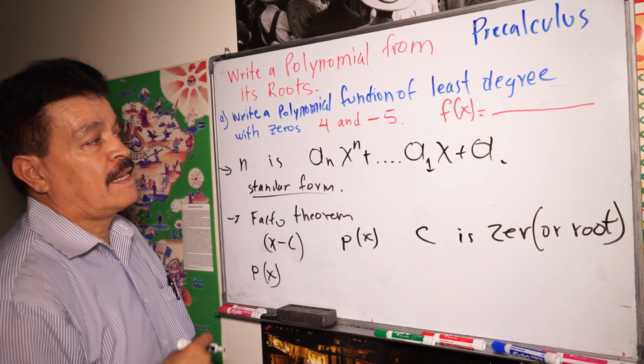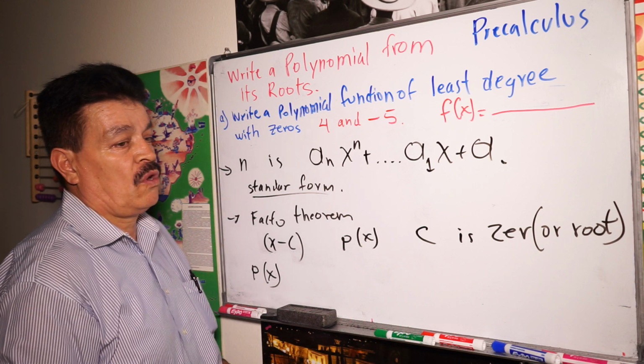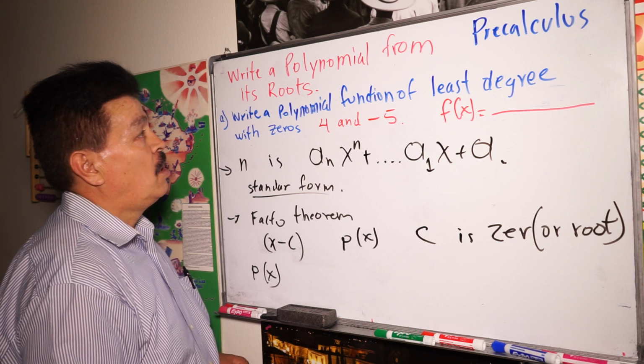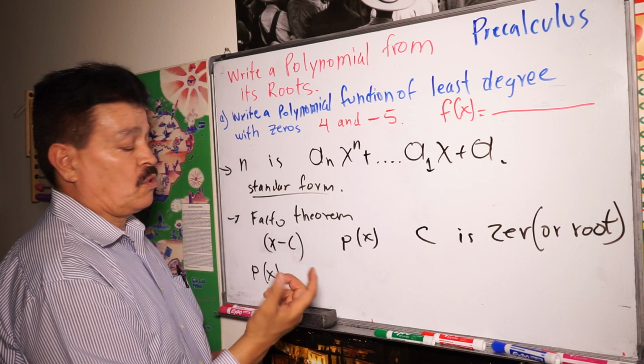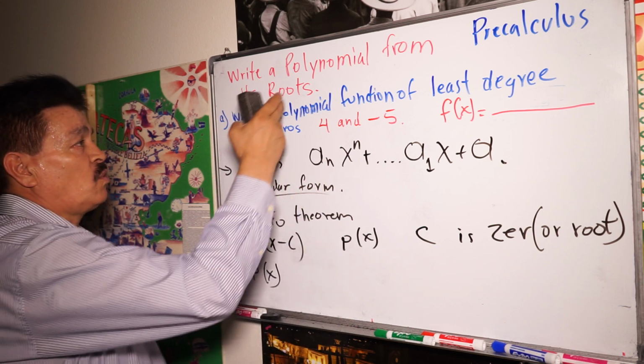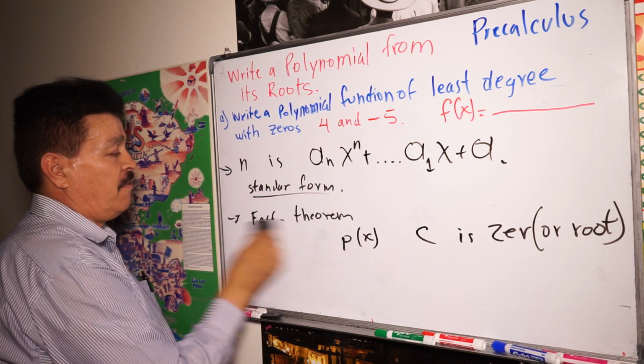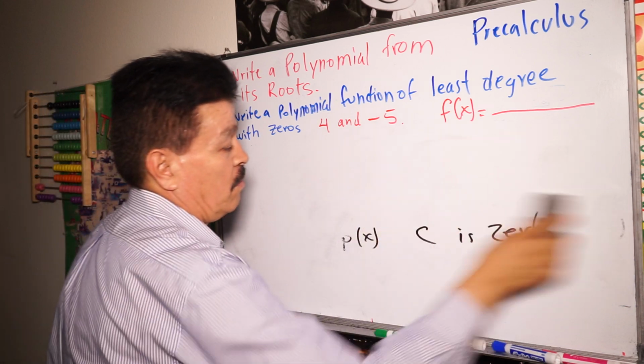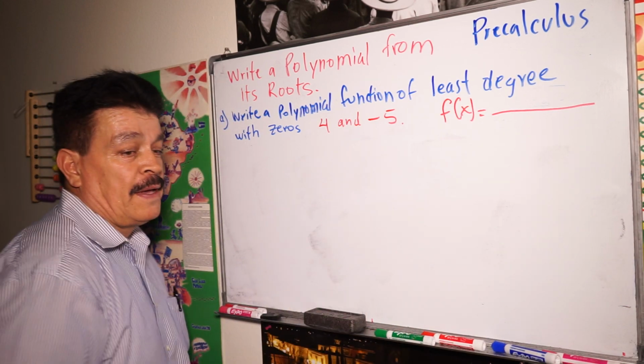So we have to remember these ideas when you solve problems like writing polynomials from their roots. We are looking for roots and then write the polynomial in standard form like this formula.